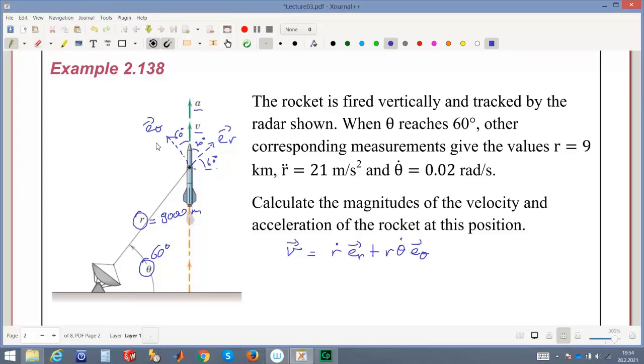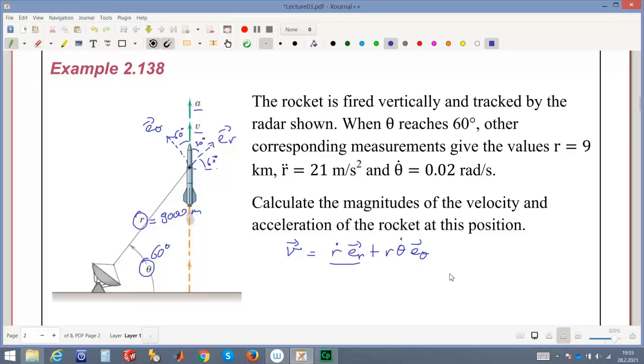Okay, so what I can calculate here is r theta dot. So I can calculate the component of this v vector at e_theta, and I know the angles here, so I can actually calculate this part as well.